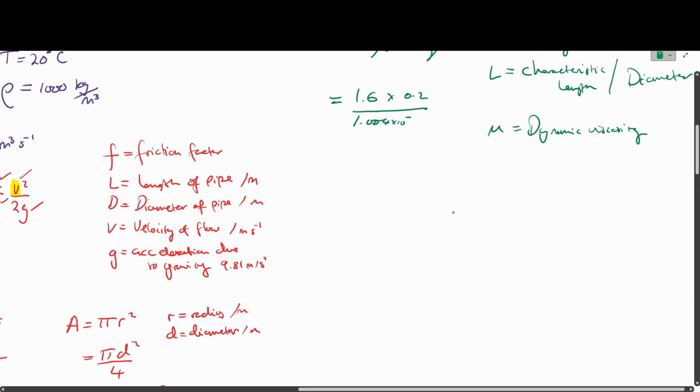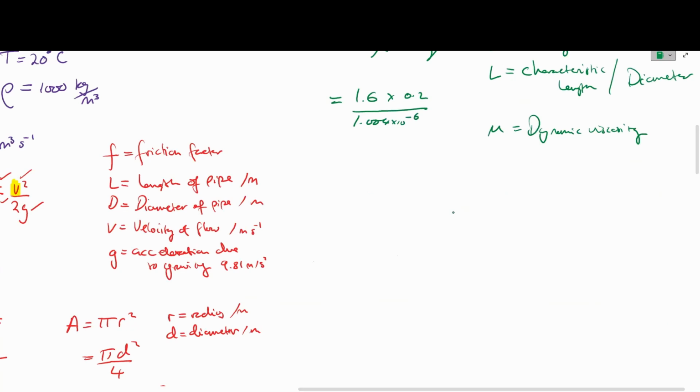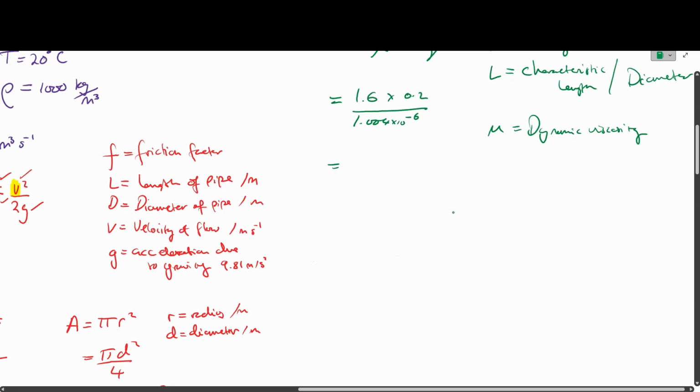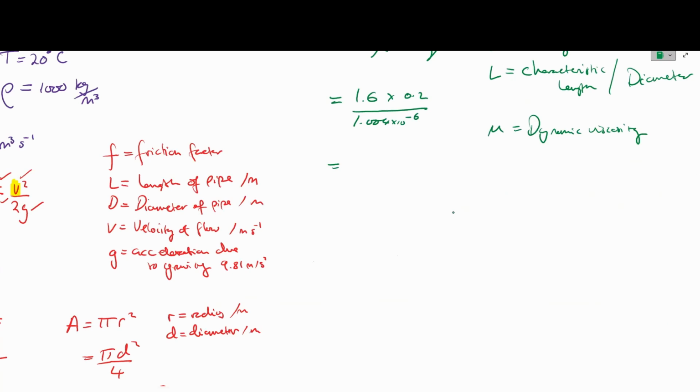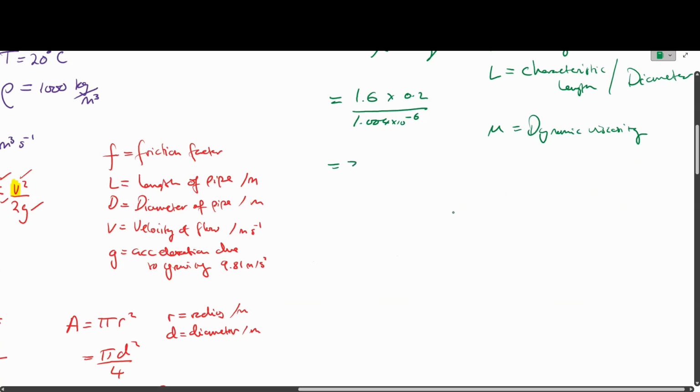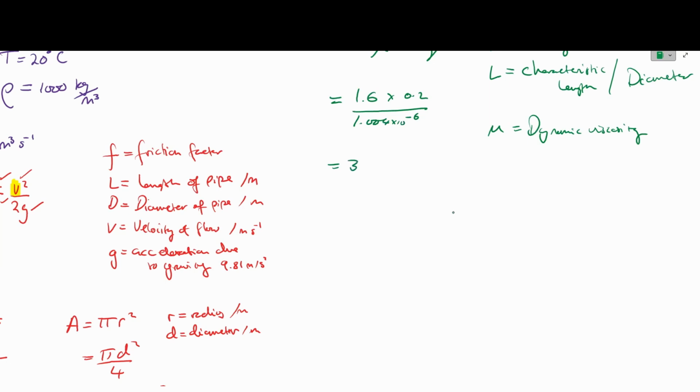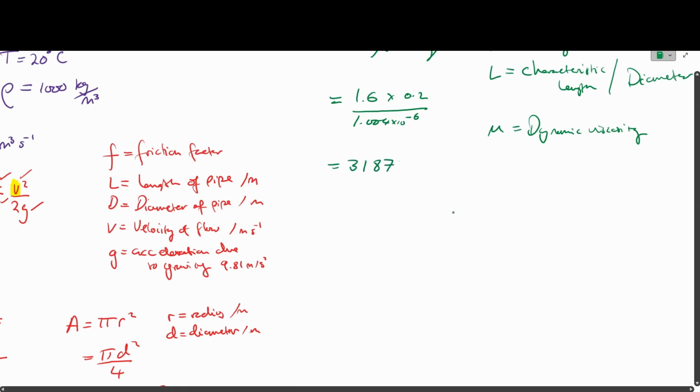That will give us a value of 1.6 times 0.2 divided by 1.004 times 10 to the minus 6, which is 3.18725, so roughly 3.2 times 10 to the 5.